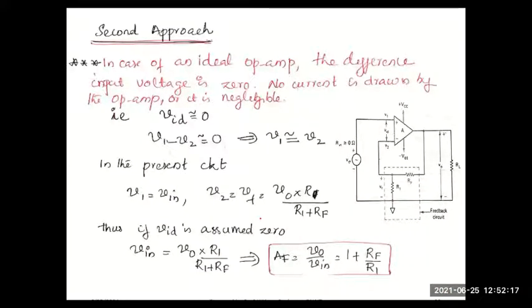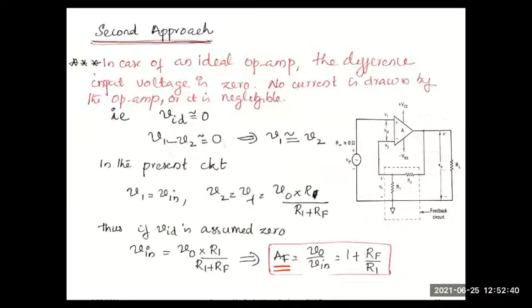So using this concept of virtual ground or virtual short, let us try to find the approximate expression for the voltage gain of this non-inverting amplifier. This is how you did it in basic electronics. So we always considered the concept of virtual ground or virtual short.